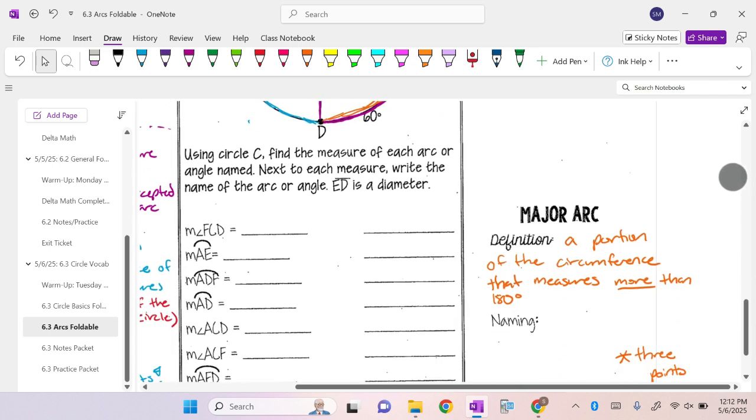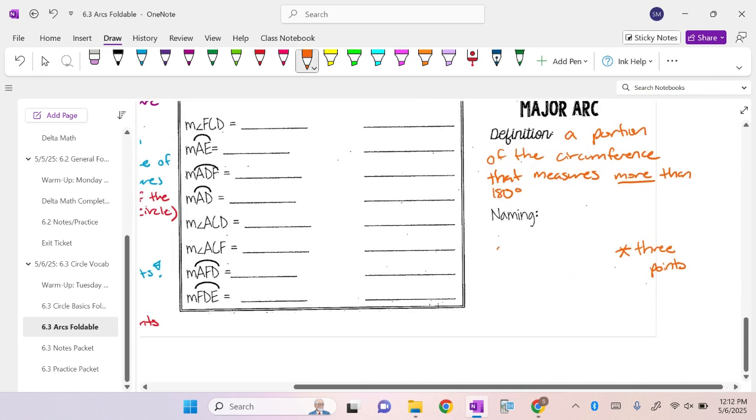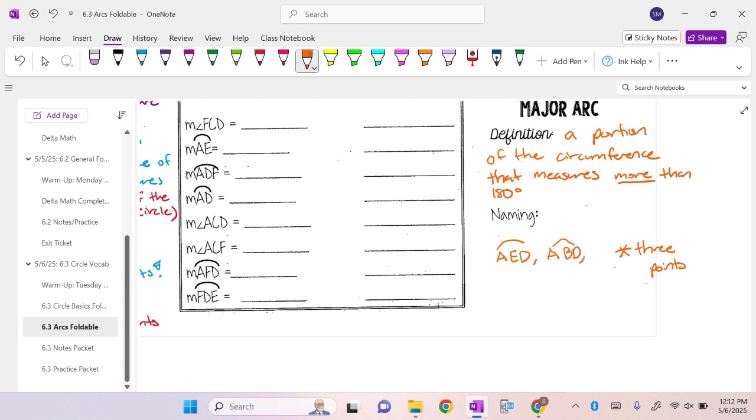We could name it the arc of AED. We can name the arc ABD, or we can name the arc AFD. All three of these names represent the exact same arc.